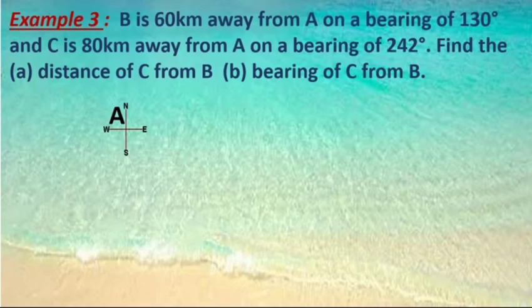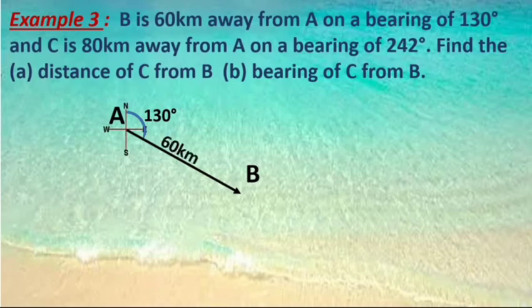So first of all, I'll carefully mark out my point A, where I insert my cardinal point, then start from my north in the clockwise direction. I'll draw an angle which is 130 degrees to a point B 60 kilometers away. I'll therefore connect point A and B with a straight line.